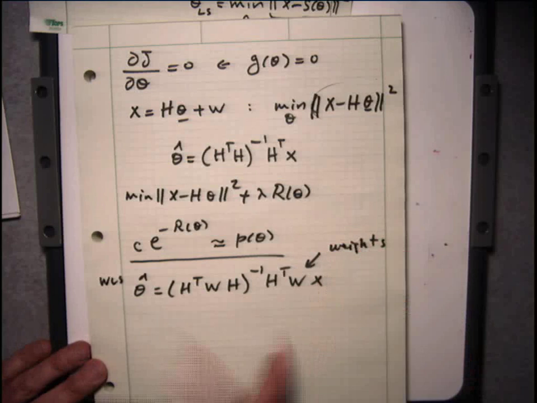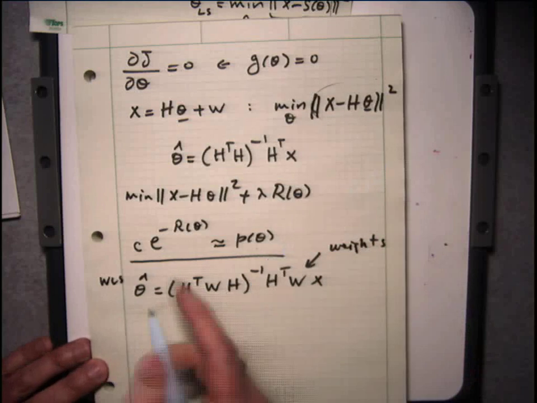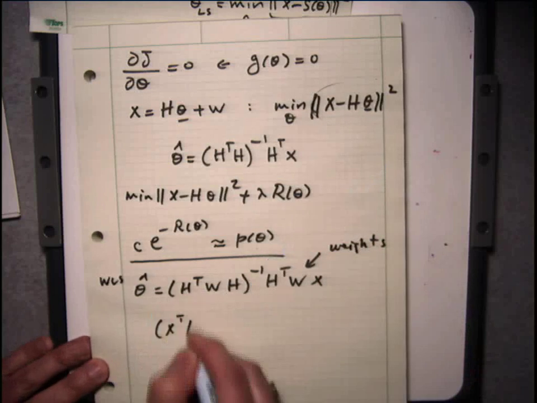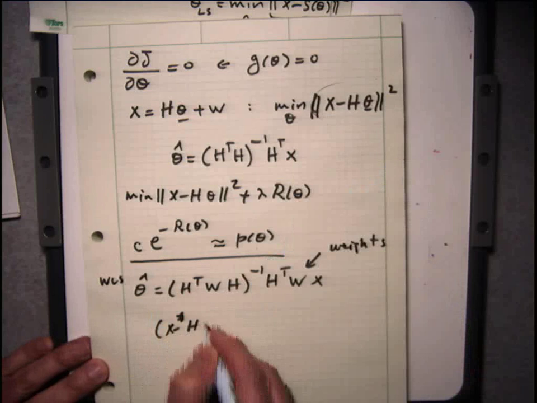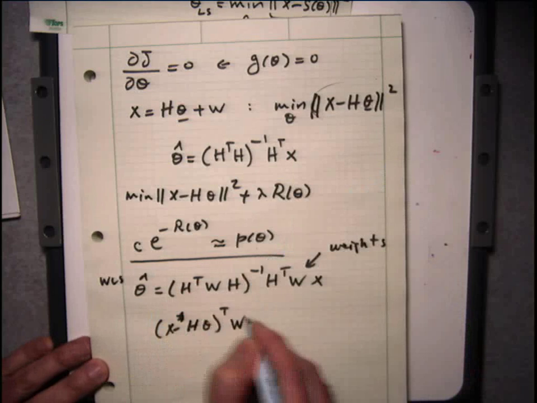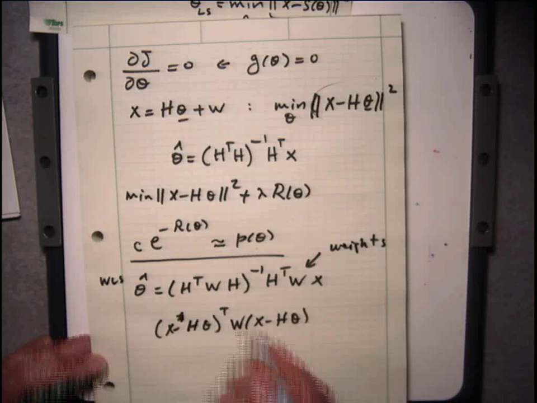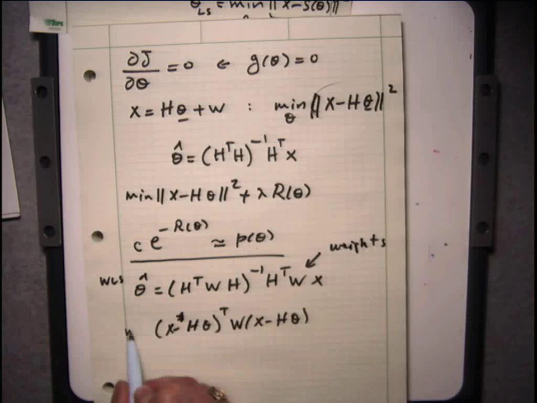So what you're minimizing is not just this anymore. What you're minimizing is (x minus H theta) transpose W (x minus H theta). This is not the same W as I've been using before. Please don't be confused by that. You minimize this over theta, so this W ends up in here.